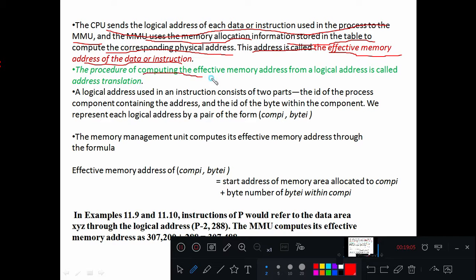The procedure of computing the effective memory address from the logical address is called address translation, right? So we have a logical address as an input, and we are getting the physical address as an output. Then we are going to convert the logical address into a physical address. That conversion is called address translation.